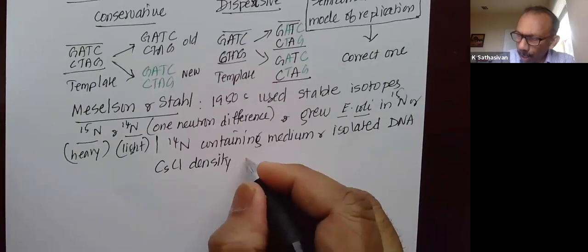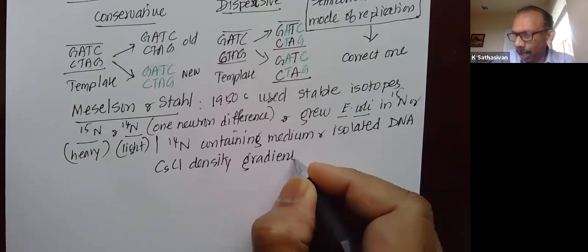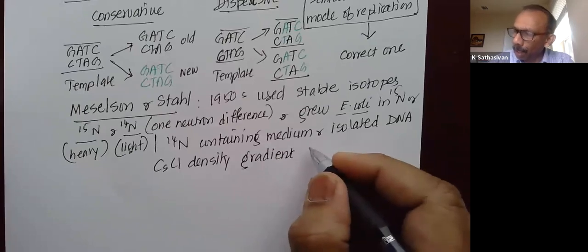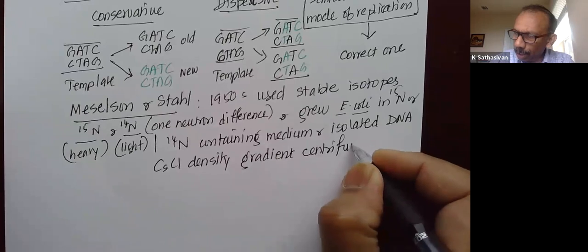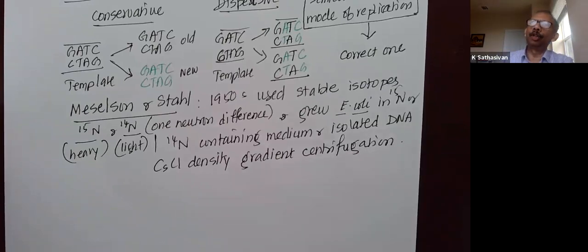So cesium chloride density gradient centrifugation will separate the DNA according to their density, or mass per volume. So that's the technique they used. Something heavy will be at the bottom of the tube, something light will be on the top of the tube, and so on.